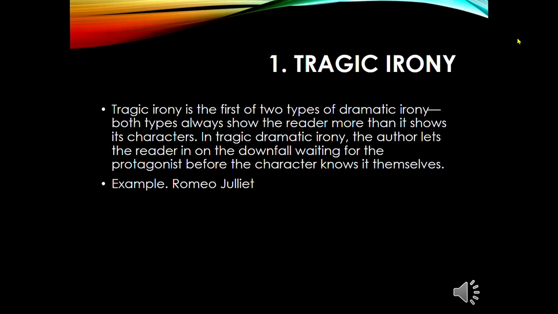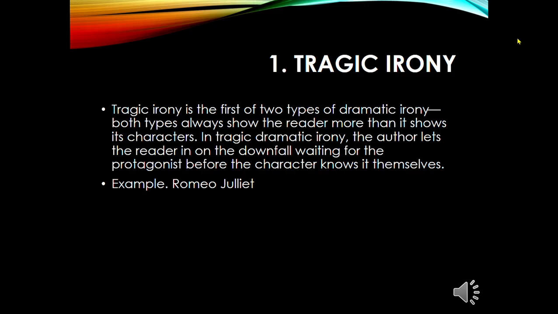So what does it say? It says that in tragic dramatic irony, the author lets the reader in on the downfall of the protagonist. So the readers know in detail, but the protagonists do not know that much.